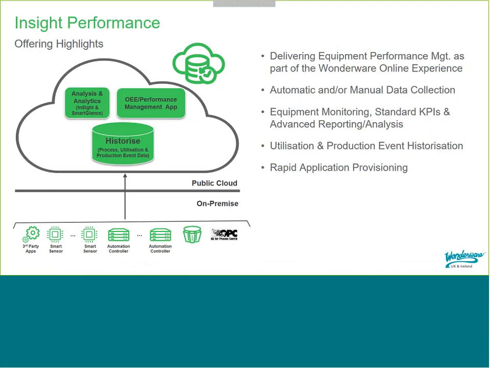It's delivered as part of the Wonderware Online experience, and as I said, it supports automatic and/or manual data collection. In today's demonstration, I've shown you how you can manually create your utilization production events.